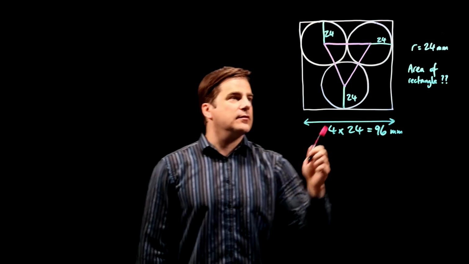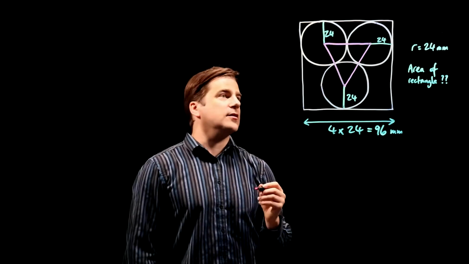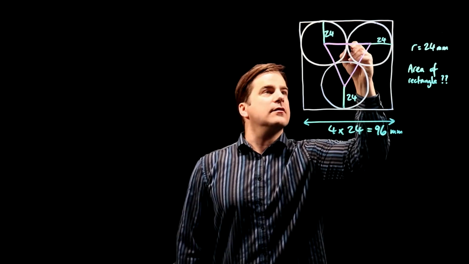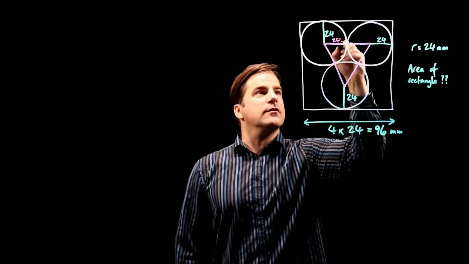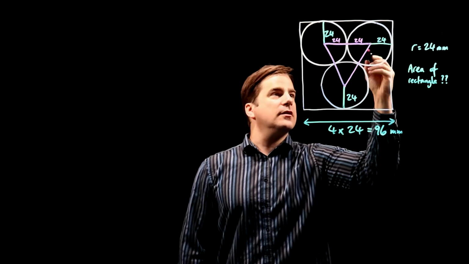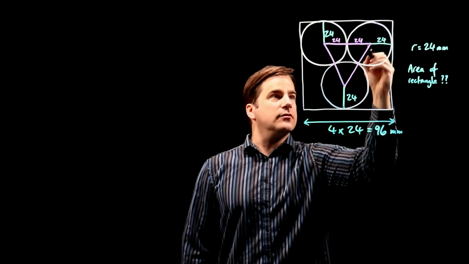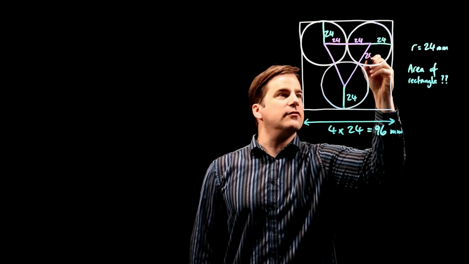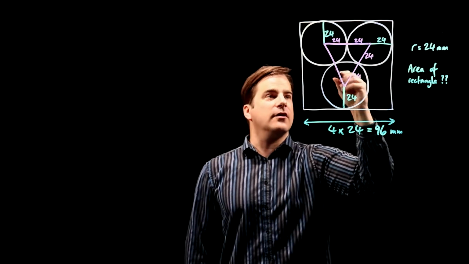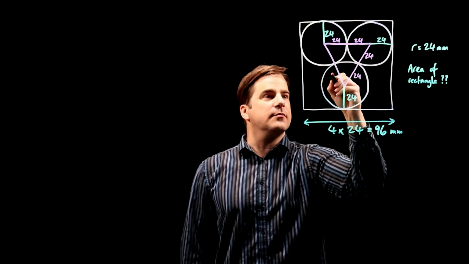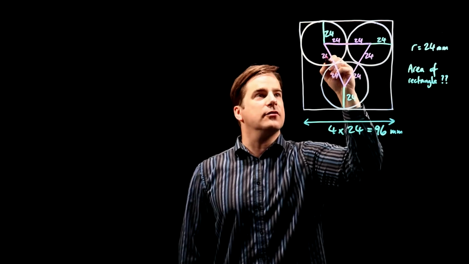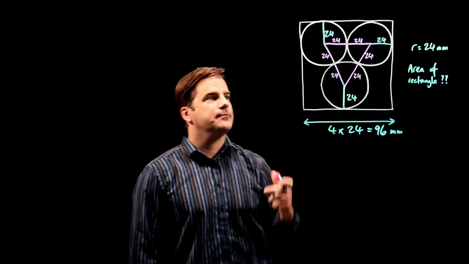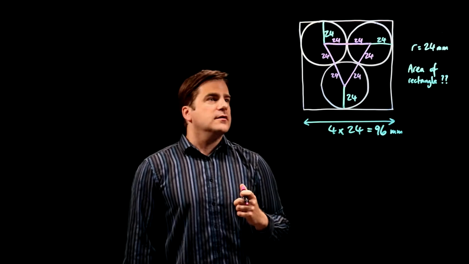Now, that is an equilateral triangle because that's 24, that's 24. That is also the radius of the circle, that's also 24. That's 24, and again, these are both the radii of the circle, 24 and 24, okay?